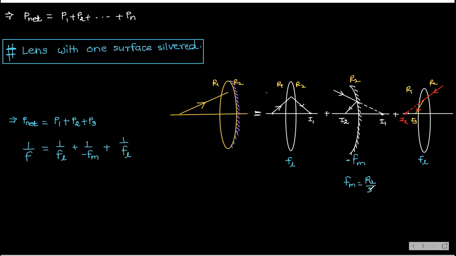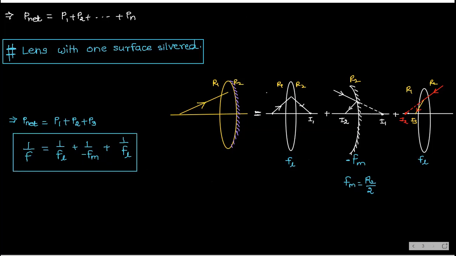R2 by 2, है ना? Radius of curvature by 2. This you keep in mind. This is already you know how to find. But for mirror also I told the relation between focal length and radius of curvature. So here FM is equal to R2 by 2. And you want to find FL, focal length of lens, you know how to find focal length of lens for this. This you know from lens maker's formula.